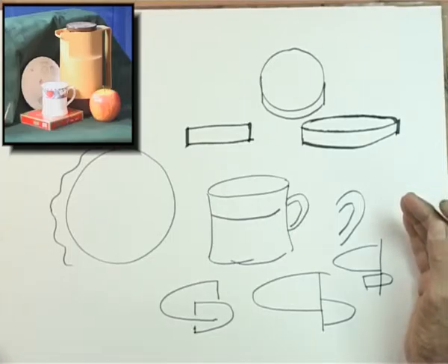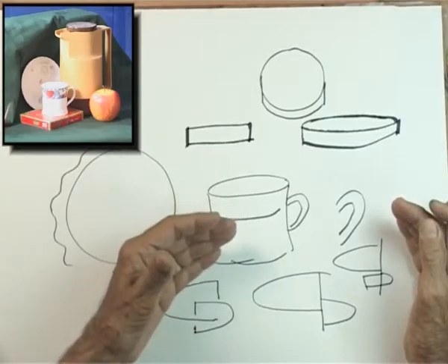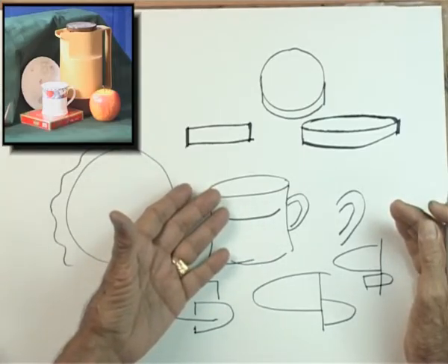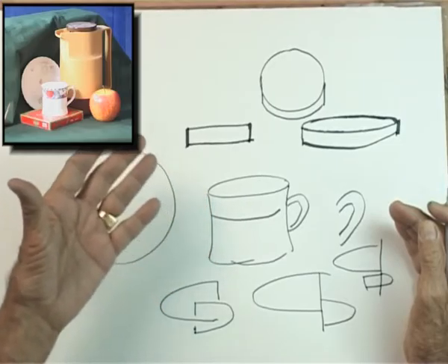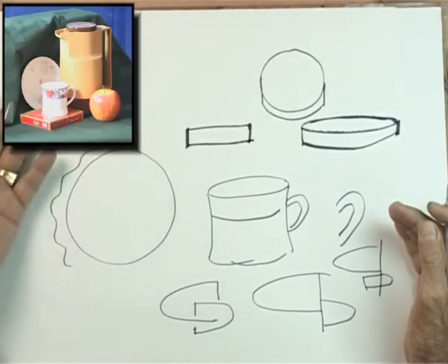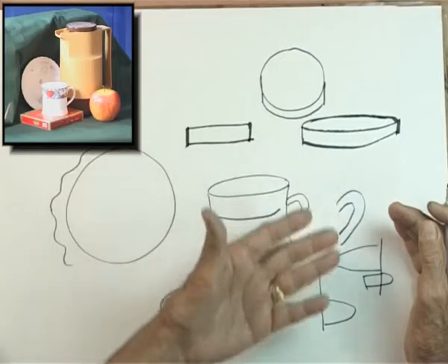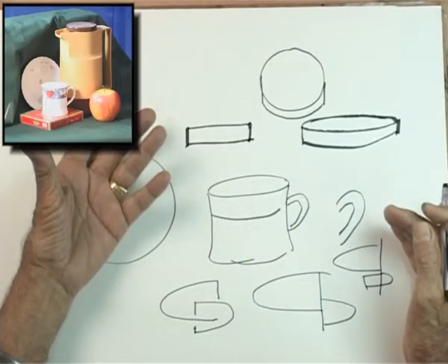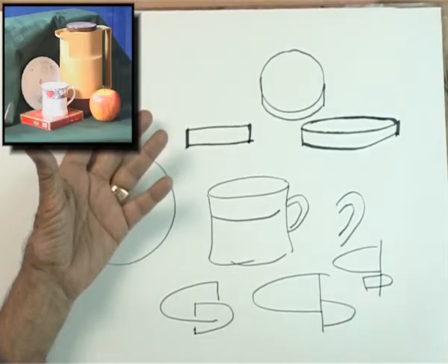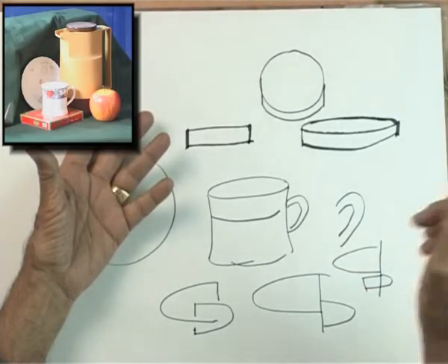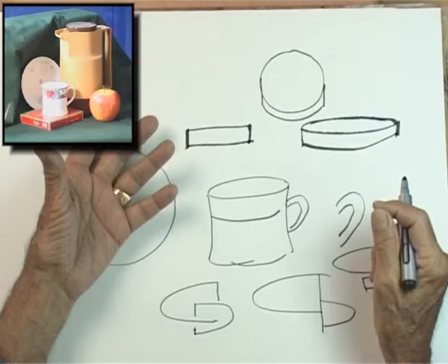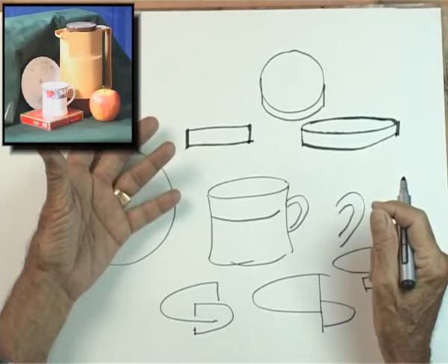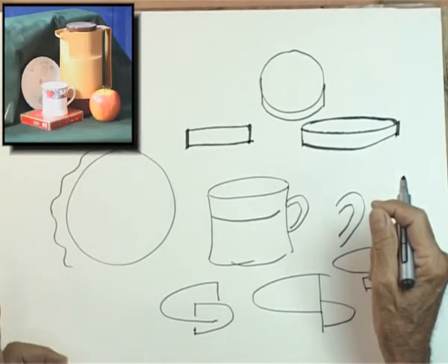So when I talk of the particular form, the form we use is for creating a pattern on the two-dimensional surface, inspired by the three-dimensional object or group of objects before us. This is our limit.